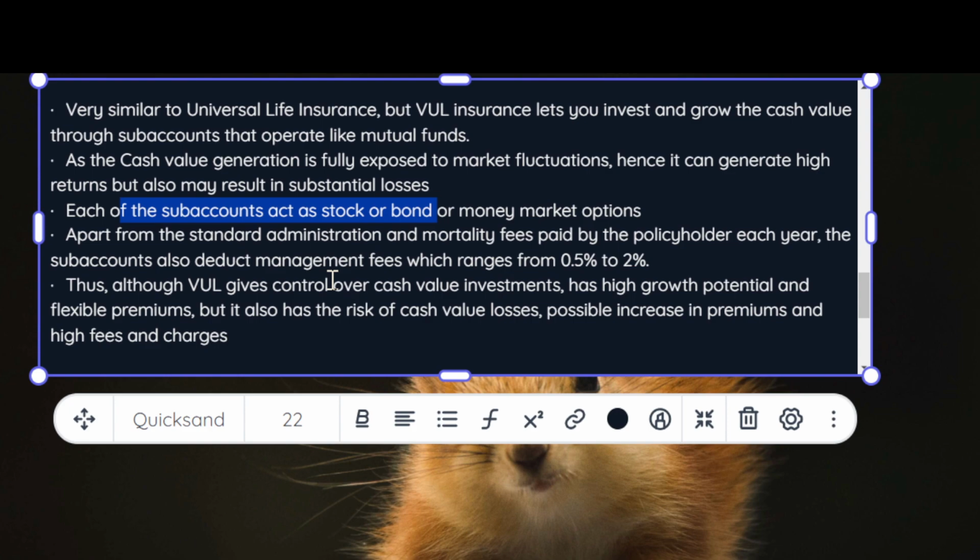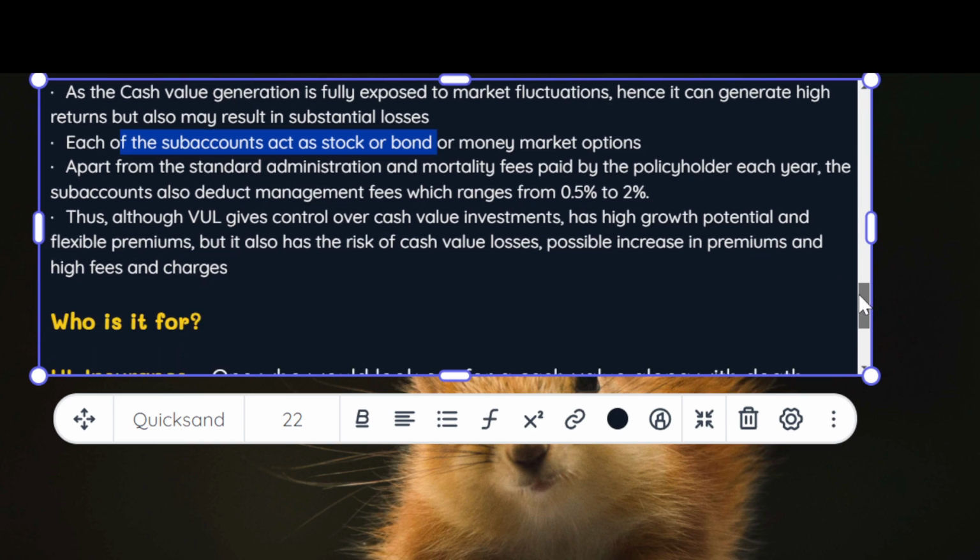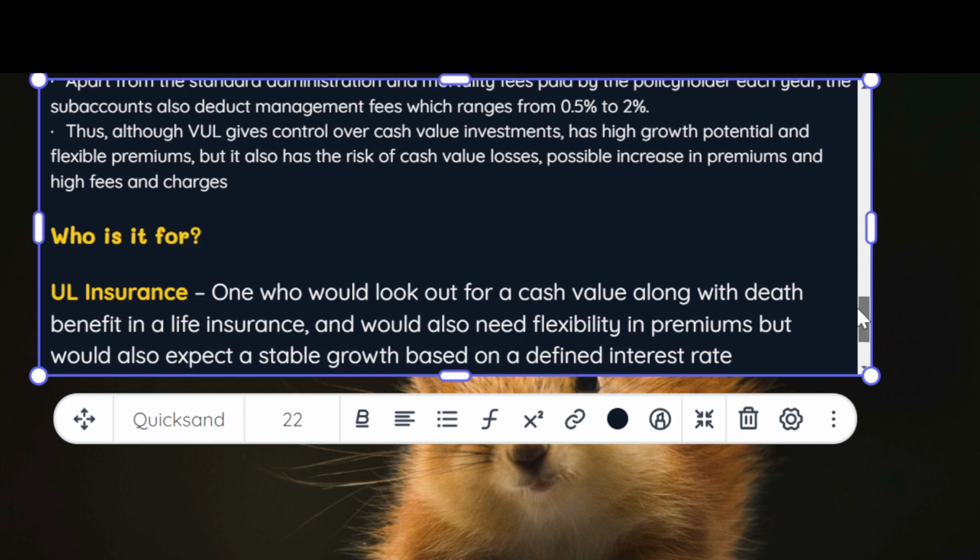So thus, although variable universal life insurance is giving you control over the cash value investments, has high growth potential and flexible premium as well, it has the risk of cash value losses in case your investments are not right, possible increase in premiums, again if you have net loss in your overall investment, and high fees and charges for the administrative things of your policy. So these are the key features of a variable universal life insurance.